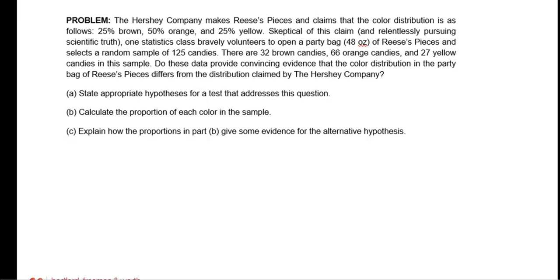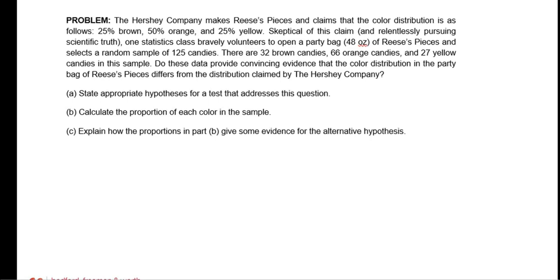Again, we're just setting the table for when we actually do the chi-square test, which is the next part of the lesson. A pretty similar example here with Reese's Pieces. The company claims it's 25% brown, 50% orange, and 25% yellow. But you're skeptical, and I understand. Sometimes you get a bag and you think, this doesn't match that.